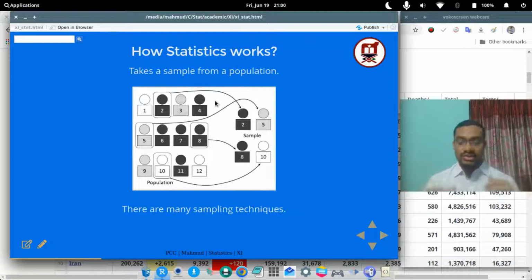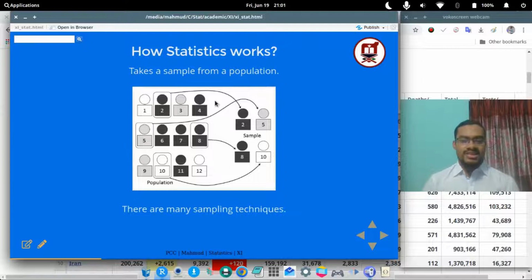For example, we need a result about Bangladeshi people. We cannot work with all the people, so we need to draw a sample from that big population. So statistics takes a sample from the population, and then uses analytical procedures to come to decisions and to make predictions from this data.